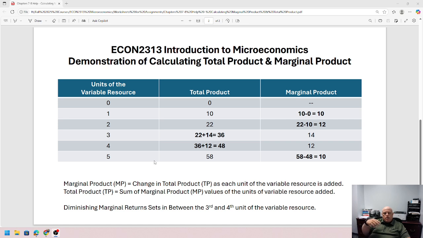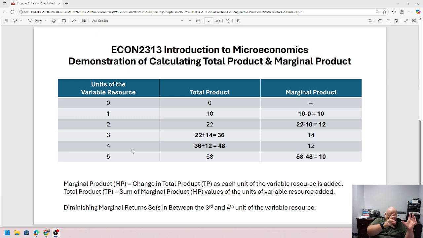Don't just tell me a particular unit. The diminishing marginal returns always sets in between one unit and the next. In other words, when we move from the third unit to the fourth unit of production, that's where we're going to experience that diminishing marginal returns. So make sure that you give me both values there.